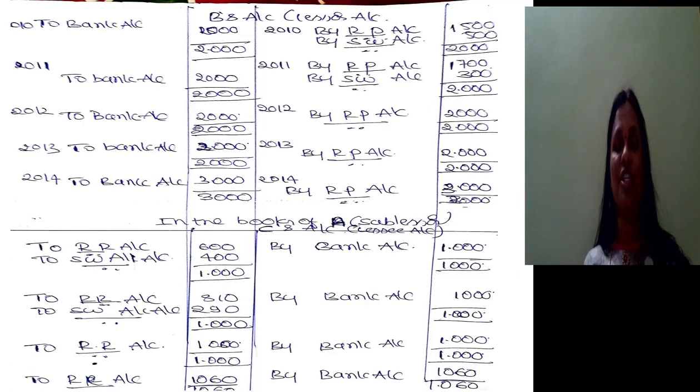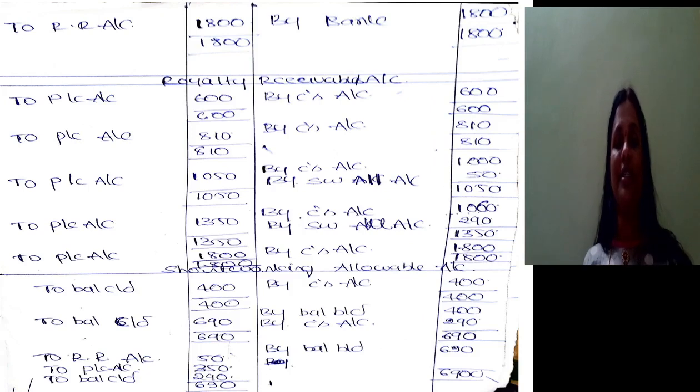Second year situation is the same. Due entry, lessee's, that is C's account debit to royalty receivable, short working allowable 810 and 290. In royalty receivable by C's account 810, and in short working allowable account by C's account 290.